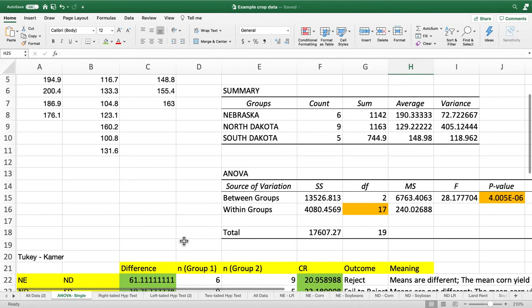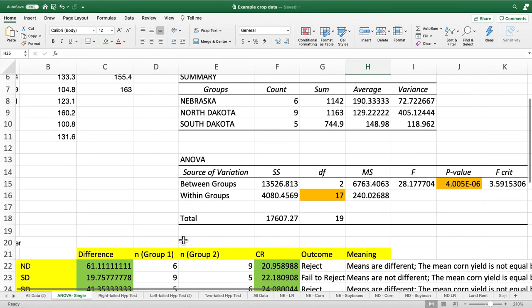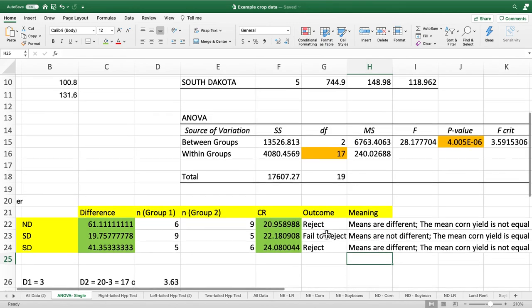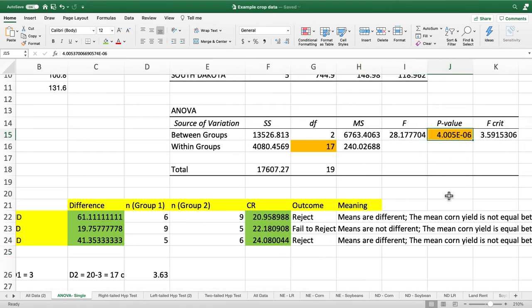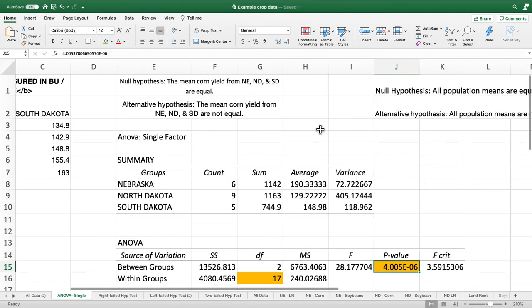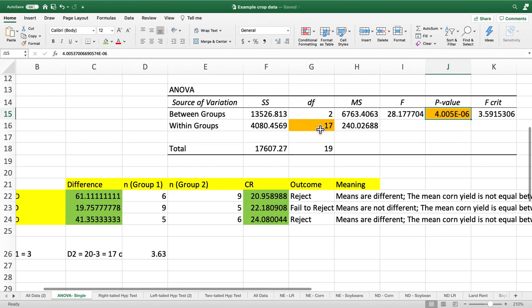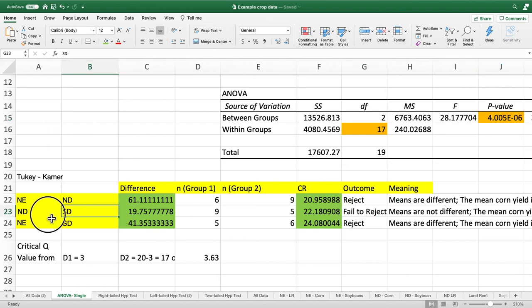So that's how you would run a one-factor ANOVA test and what it means when you're looking at it. It does give us a p-value that allows us to fail to reject our null hypothesis that all population means are equal, and then how you go about looking at whether they are all not equal, or is there some pairing where they may be equal.